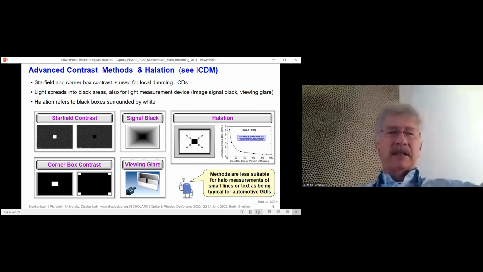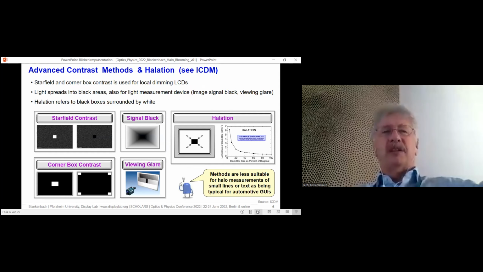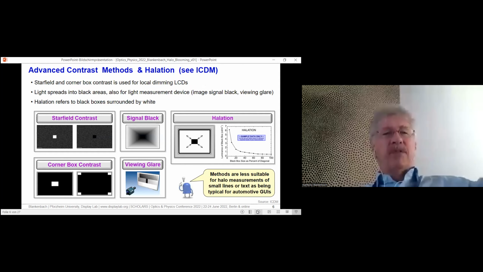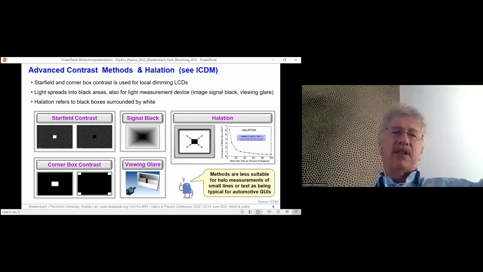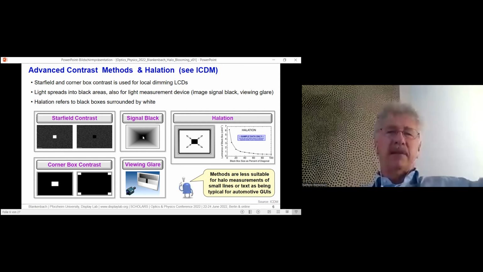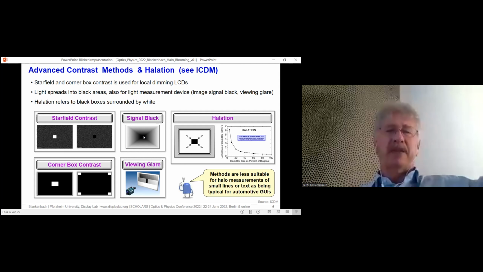There are other methods already proposed for measuring image quality with white content surrounded by black and vice versa. For instance, starfield contrast, corner box contrast, or signal black in the center. Here we see a black image. Data black means gray level 0.